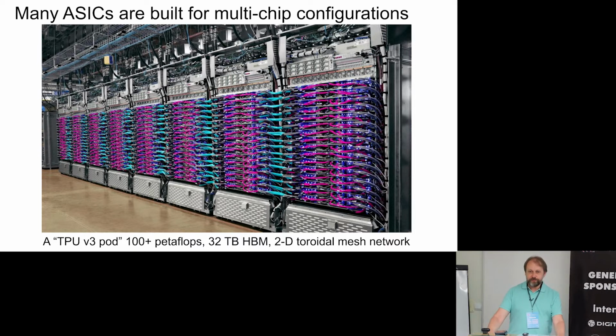They're actually standalone processors, but the main mode of using them is multi-chip configurations, and Google has pods and superpods with these chips. It's actually very powerful supercomputers. Here is a TPU version 3 pod, I think with 1000 chips. The TPU version 4 has an option to join 4000 chips, and we'll see what we'll have with version 5.